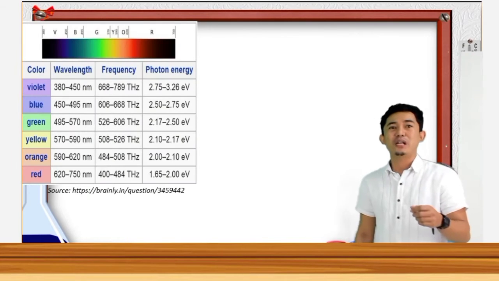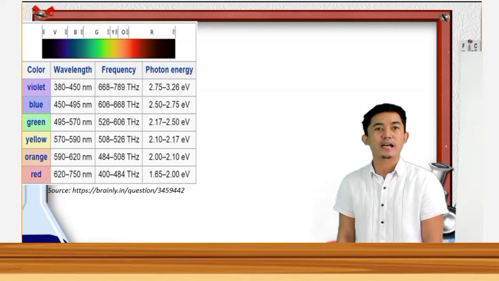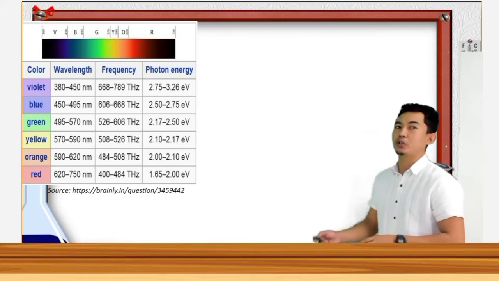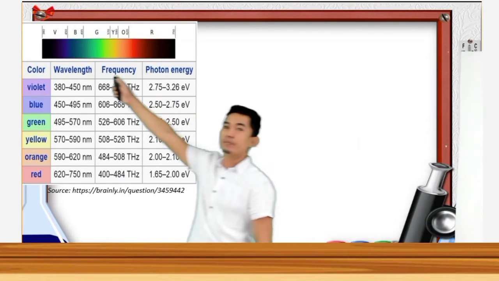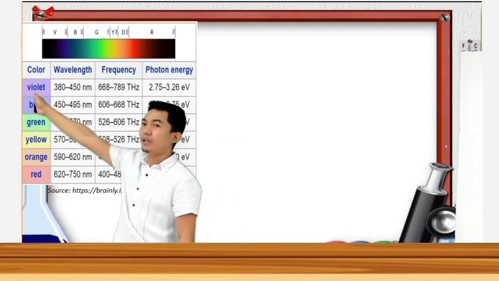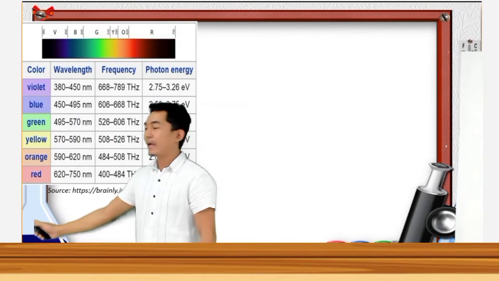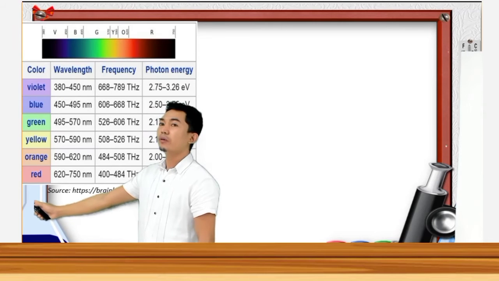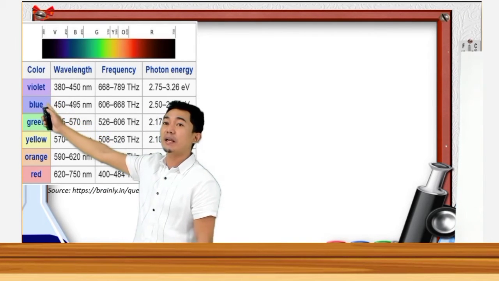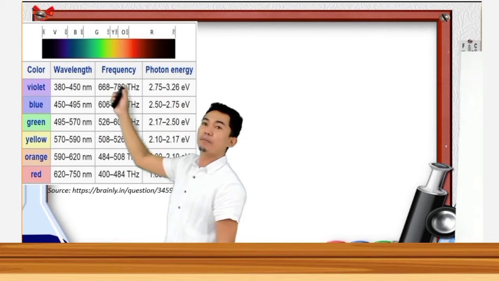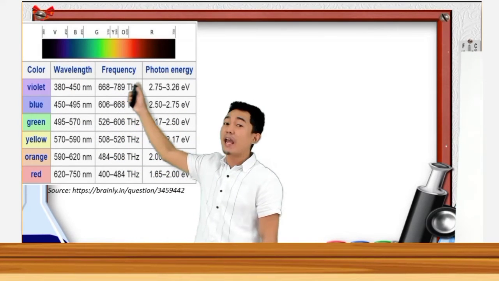Now, we will go to this picture. As you notice, class, if you focus on this picture, on this end, the colors, such as the red up to violet, actually have something to do with the wavelength and the frequency, as well as the energy.